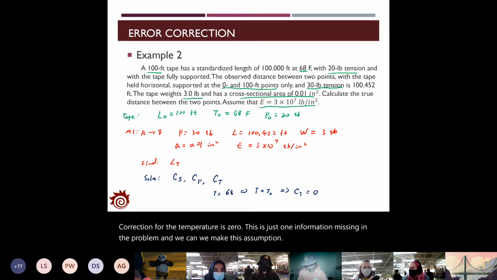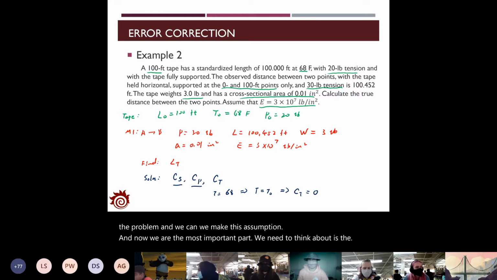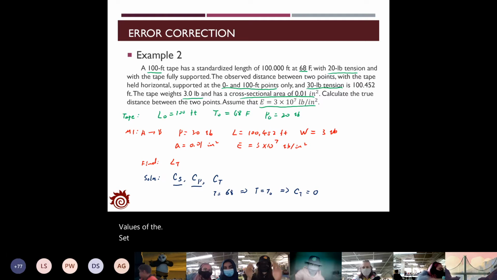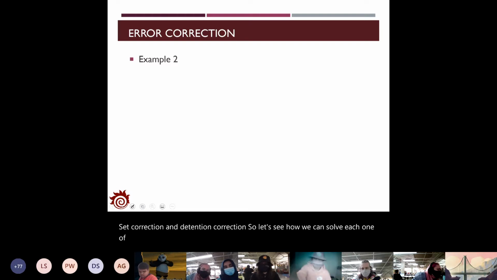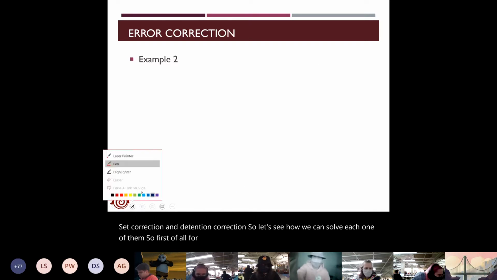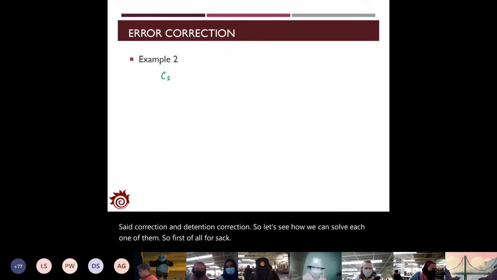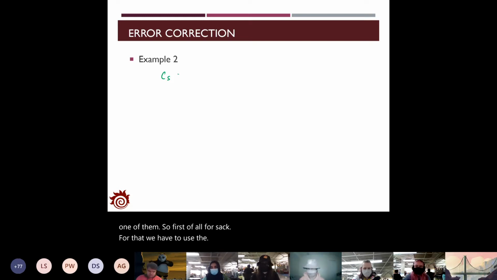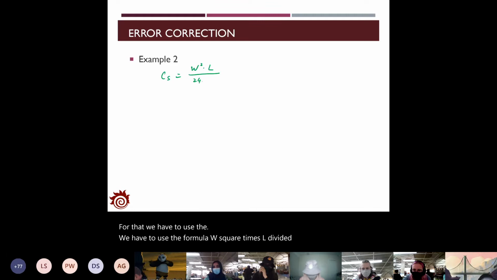Now the most important part we need to think about is the values of the sag correction and the tension correction. Let's see how we can solve each one of them. First of all, for sag, we use the formula W squared times L divided by 24 times P squared.